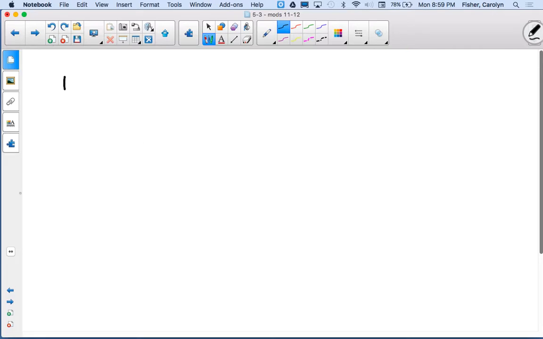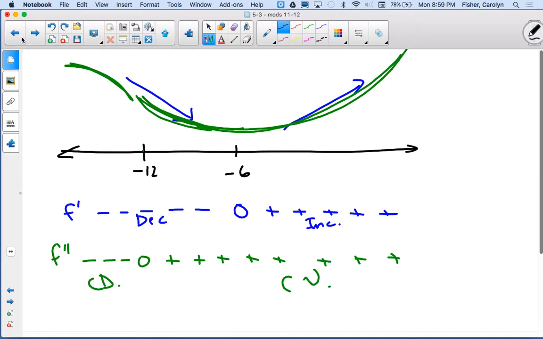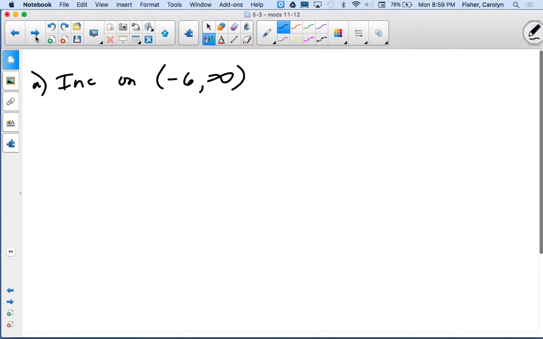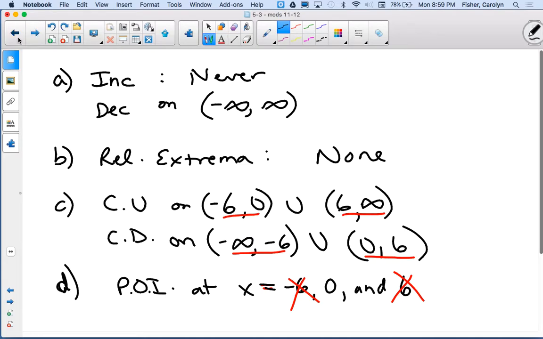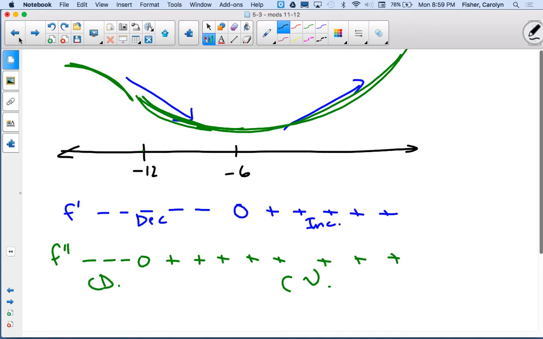Just to write up my answers, let's see if I can do a better job this time. Increasing would be on negative 6 to infinity, and then it was decreasing on negative infinity to negative 6. Relative minimum this time.